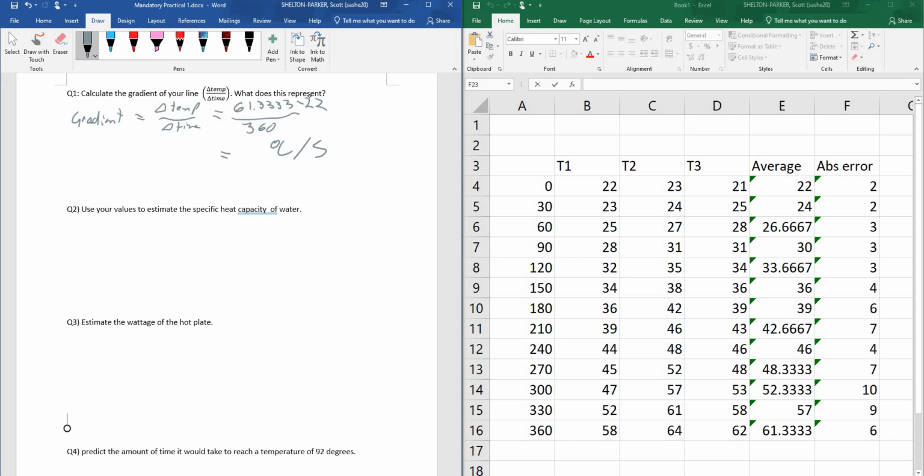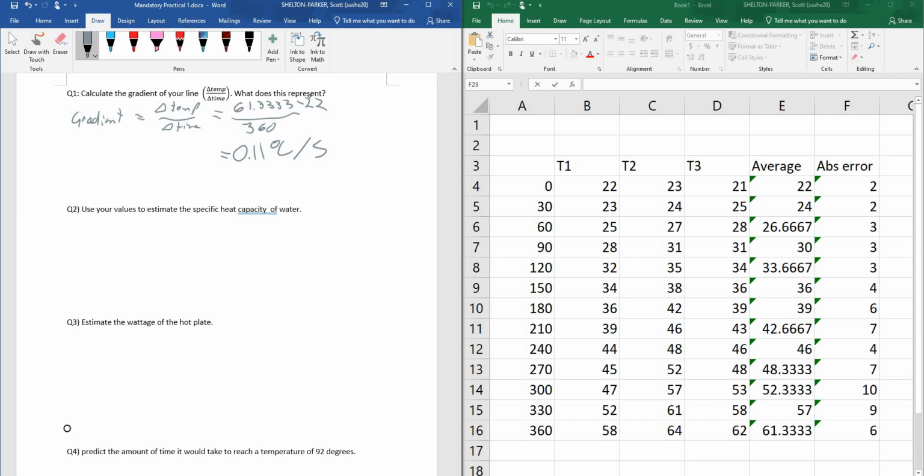It's got to be a decimal, like 0.0 something. That's what I mean by it can't be that. Okay, so 0.11.